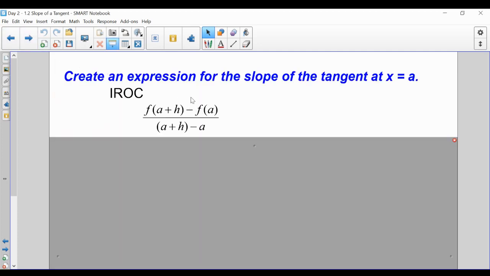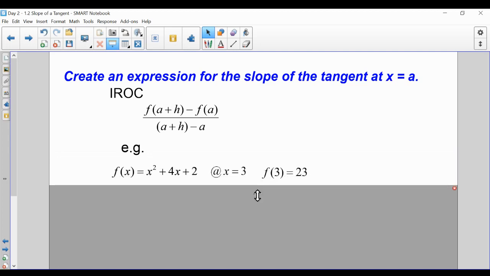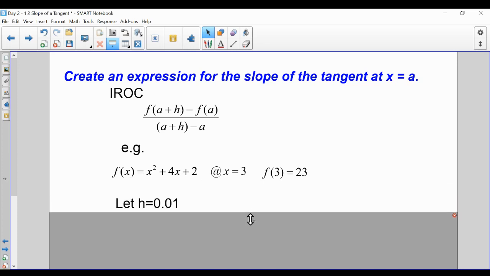Here's the IROC calculation. We took a point that we were trying to find at. So let's say this was a point 2, 1 or whatever it was. We took that point and we added on some little number to it. Like for instance, let's say that the equation was x squared plus 4x plus 2. What we did is we said let h be 0.01.